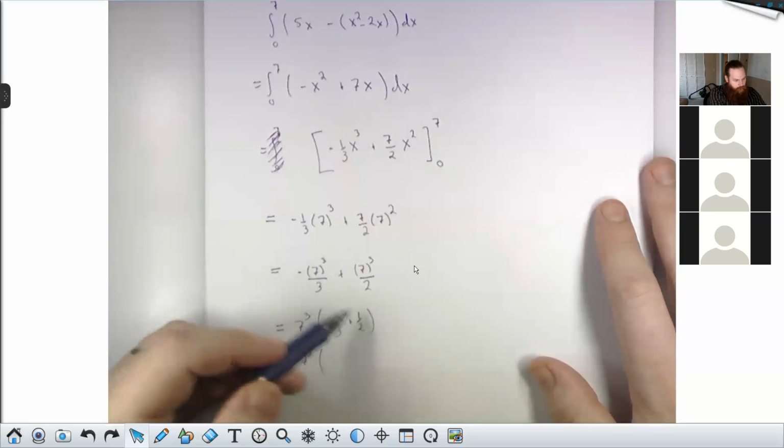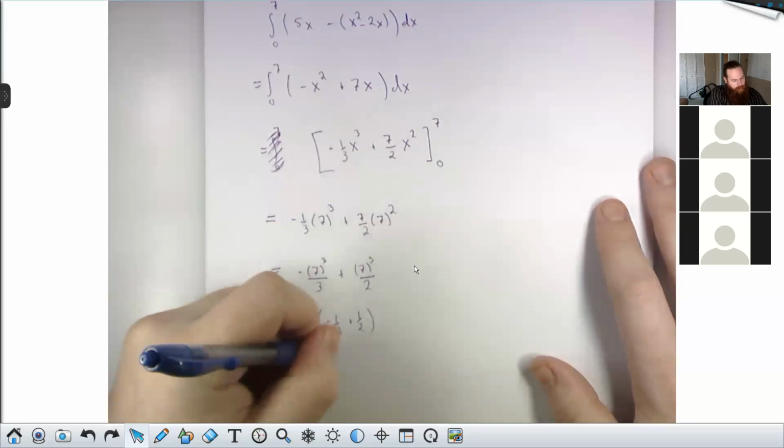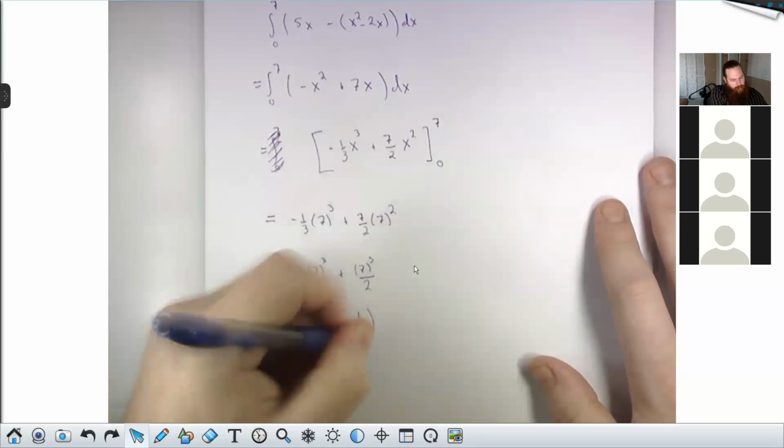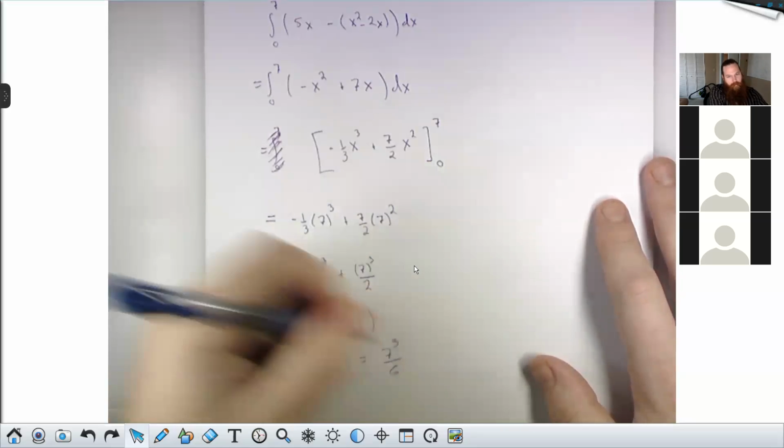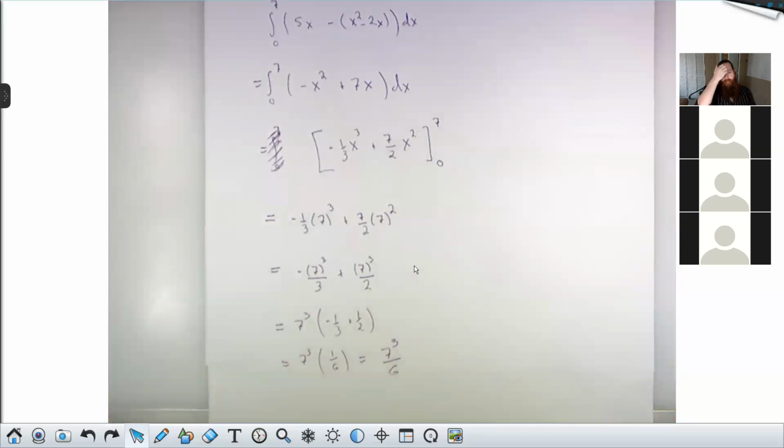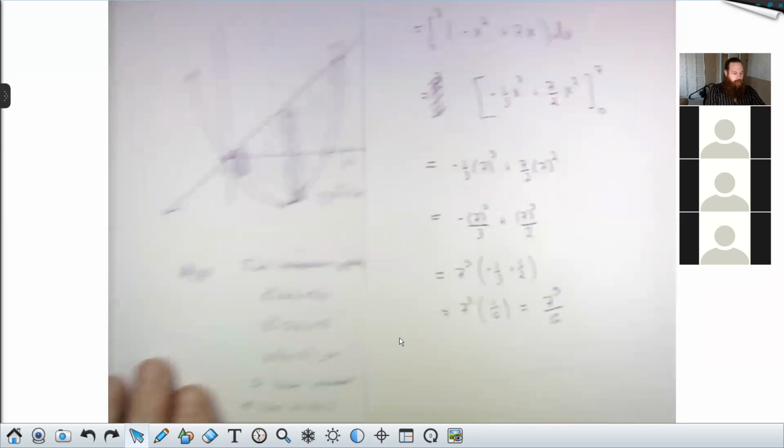So negative 2 plus 3 is positive 1/6. So you get 7 cubed over 6. And I would be fine with you leaving it like that. I'm not particularly interested in seeing you do the arithmetic to evaluate 7 cubed as an integer. It's 7 cubed, that's a perfectly fine way to write it. Questions on this fella?